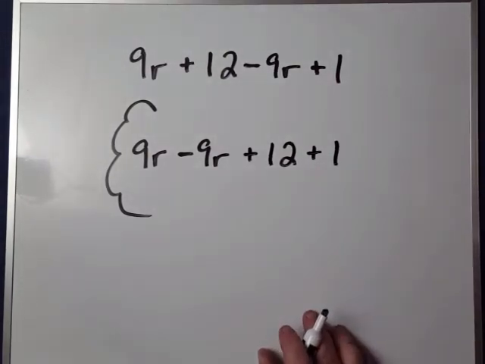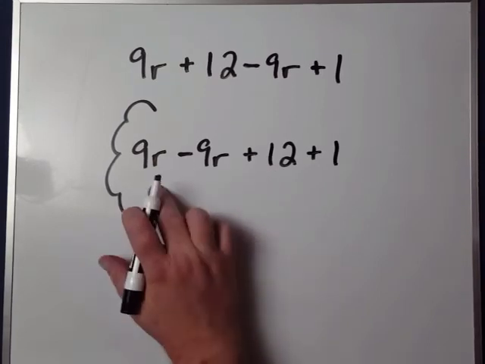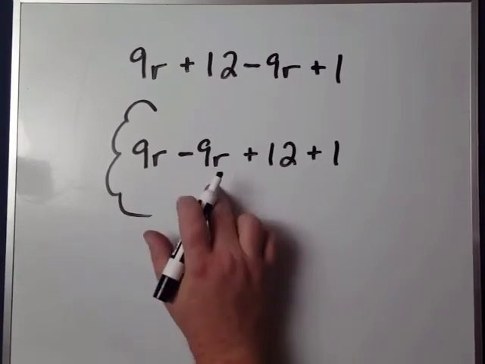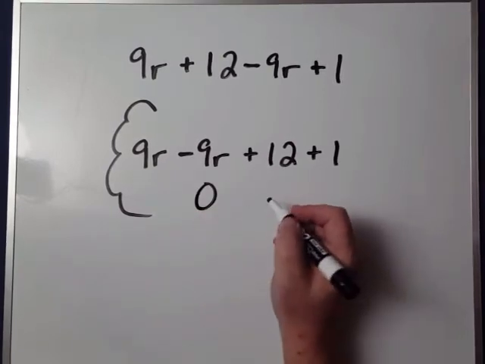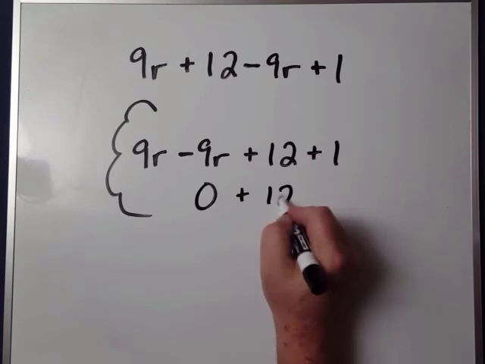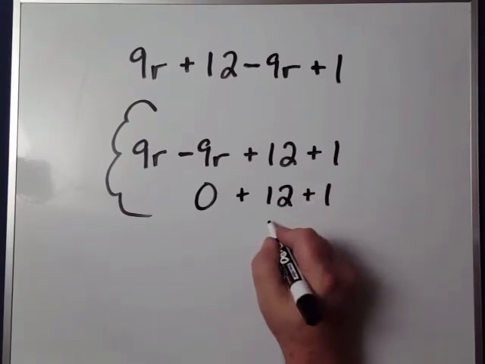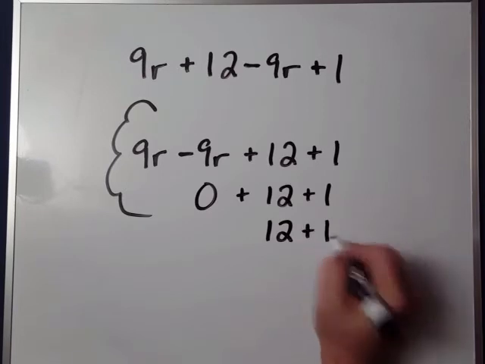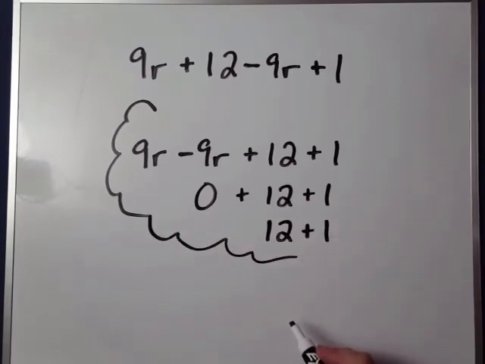And again, that's probably a mental step. And then what happens? 9r minus r, or 9r plus negative r. Those are inverses of each other. They will subtract out to leave me nothing, the additive nothing. And 0 plus whatever is just whatever. Again, this is likely all mental steps.